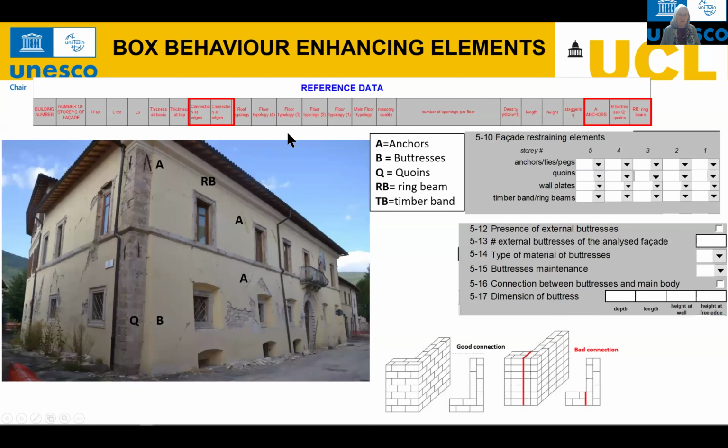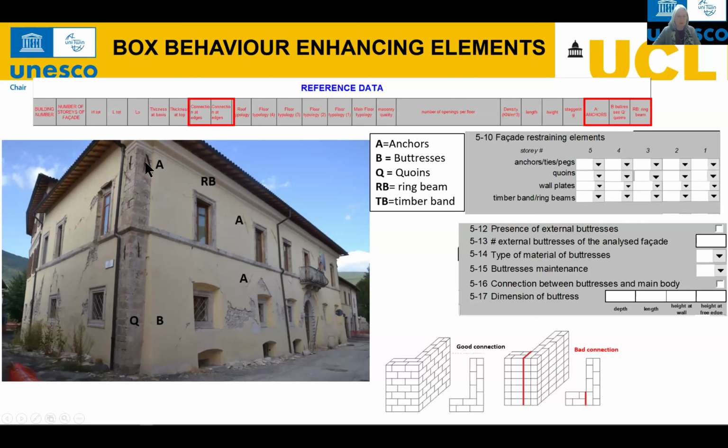I mentioned earlier that we want to define a box behavior, and I'm looking at this particular example here because we can see that this particular building has all the elements that support and enhance the collaboration of walls working together.